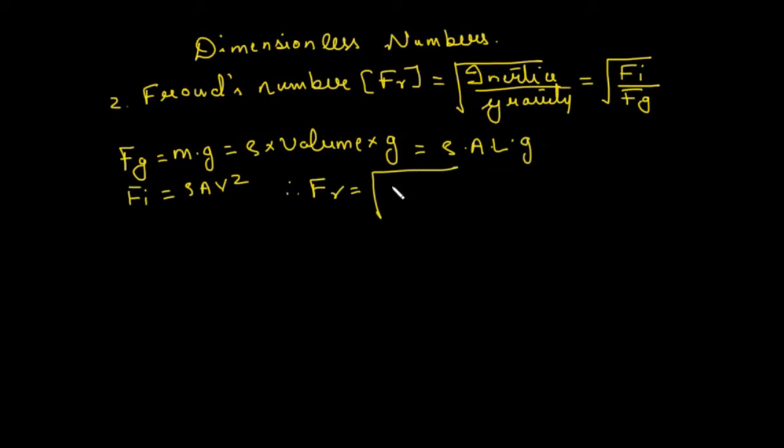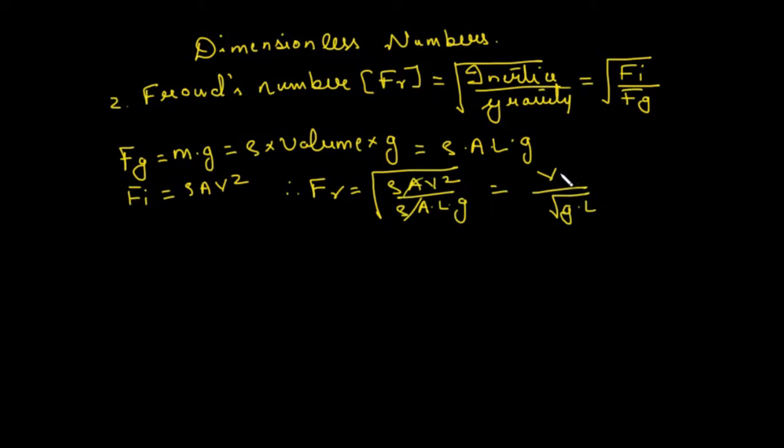Therefore the Froude number will be equal to square root of rho a v square upon rho a L into G. So rho a will get cancelled, and we will get v upon under root GL.